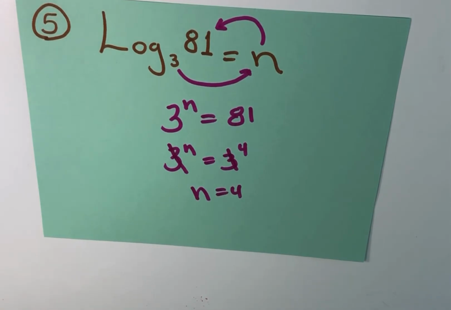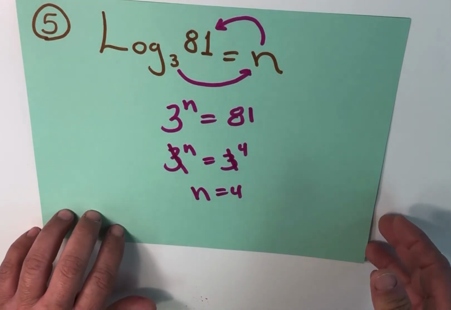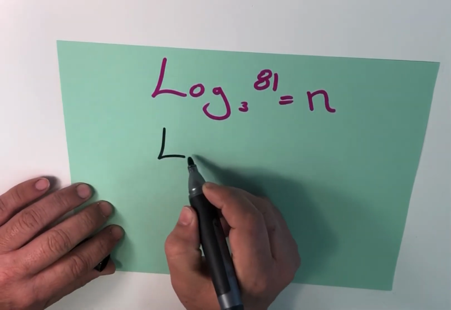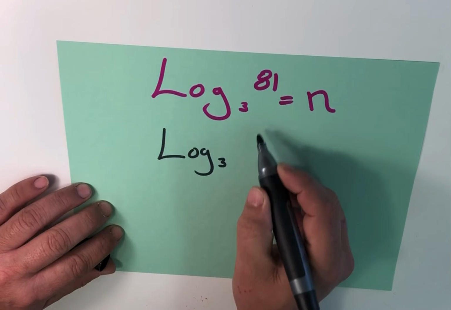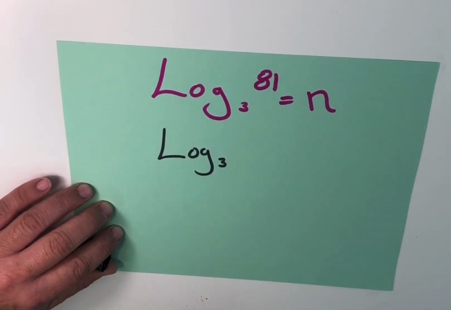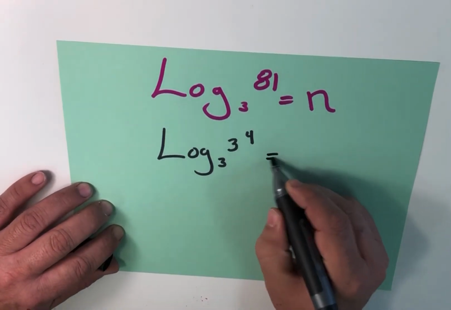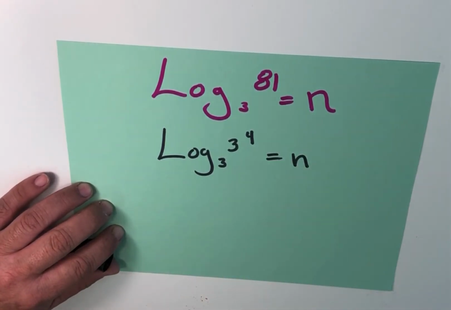Interesting case when the log has a base of 3 and 81 on the left-hand side, and these numbers have something in common. You may also be able to use a shortcut. What is this shortcut, you ask? Well, when this happens, you might be able to do this. So let me show you a shortcut. This is for those of you that like shortcuts. Log base 3, and you're going to transform 81 into 3 to the 4. Now, you're going to still set it equal to n, but you're only going to work on the left-hand side.